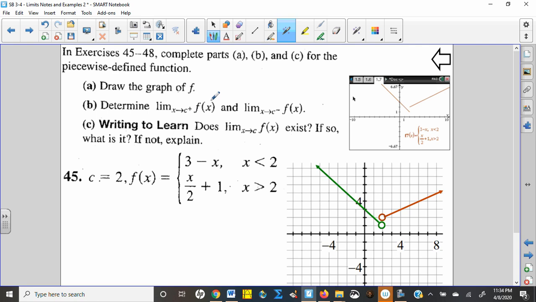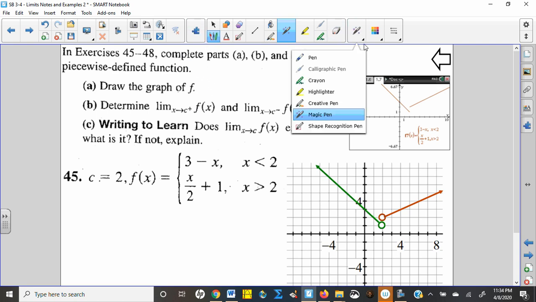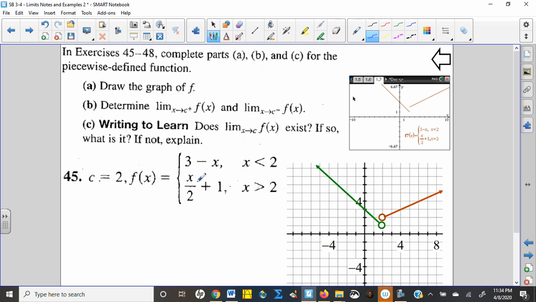One of them is going to be approaching 1, and one of them is going to be approaching 2. Let's break that down. The right limit, so they wanted us to put a 2 in, right? The right limit of f of x, so coming from the right towards 2, is approaching a height of 2.